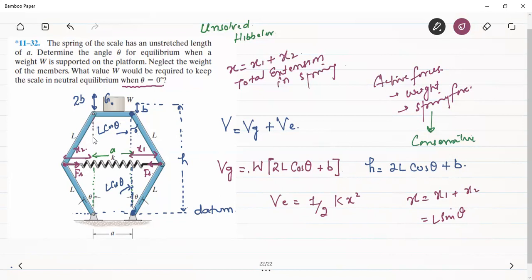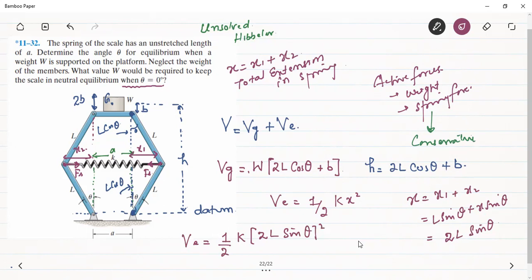Similarly, from this right-angled triangle, x2 is also equal to L sine theta. Therefore, the total extension in the spring is equal to 2L sine theta, and we can write the elastic potential function as 1 by 2 k times (2L sine theta) whole square.